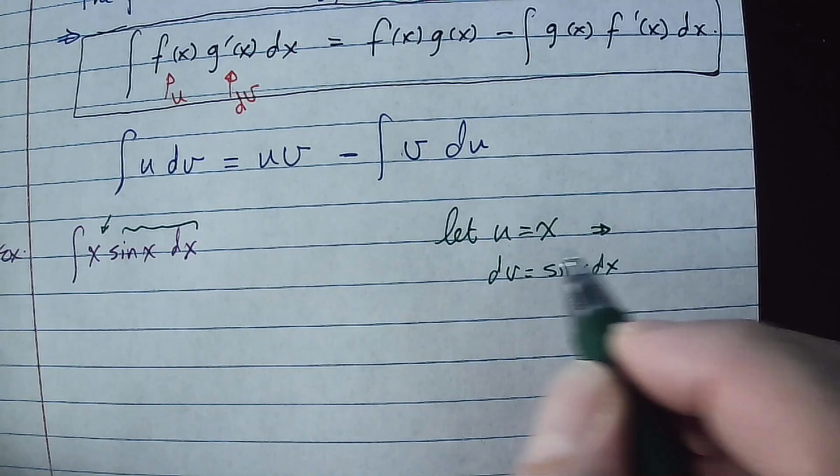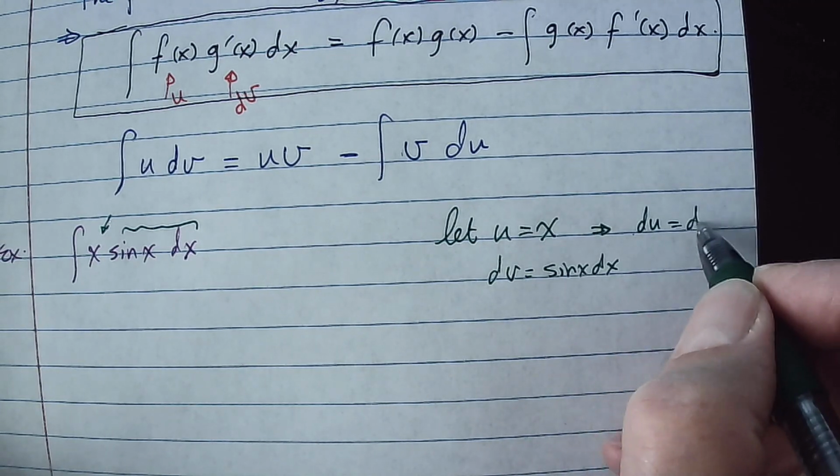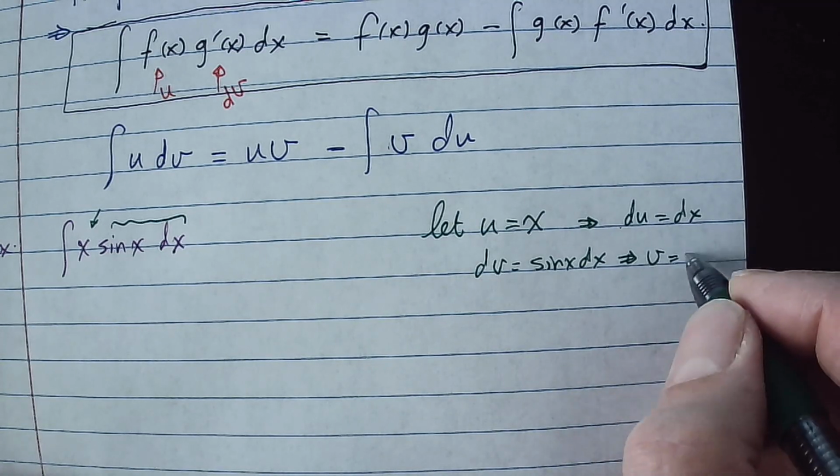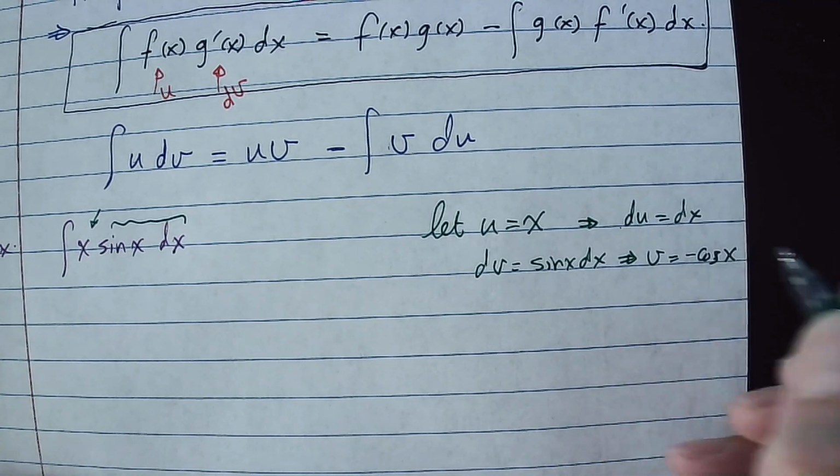So if u is x, then du is dx, and therefore v is negative cosine x.